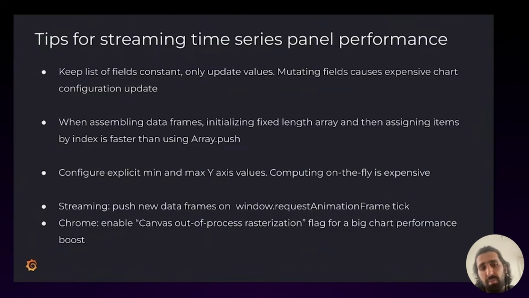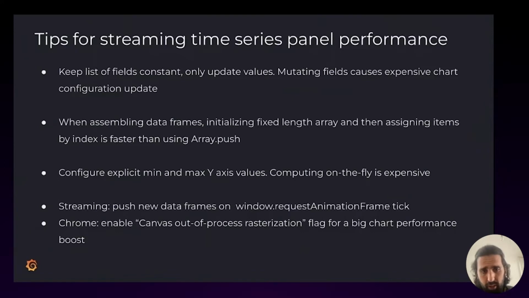It's better if you use explicit min and max thresholds because computing them on the fly is expensive, especially for these large data sets. And you should push new data frames in the streaming data source with a request animation frame.